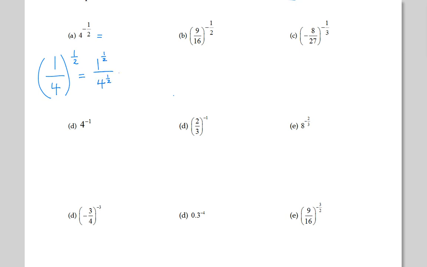See how you have to put it on both? What's 1 to the power anything? 1. And then what's this last one? Square root of 4 is 2. That's what we did. Square root 4 to get 2. Because the index, the denominator, the 2, tells you it's a square root.